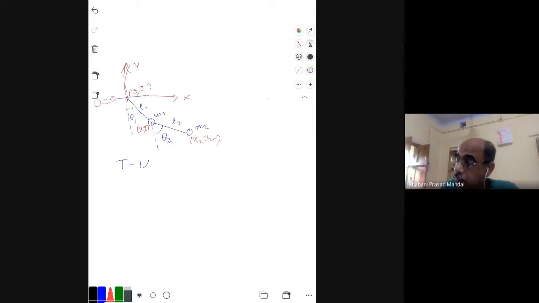So I have kinetic energy half m1 (x1 dot square plus y1 dot square) minus m1 g y1. This is for the first particle, and for the second particle, half m2 (x2 dot square plus y2 dot square) minus m2 g y2. So this will be my Lagrangian.